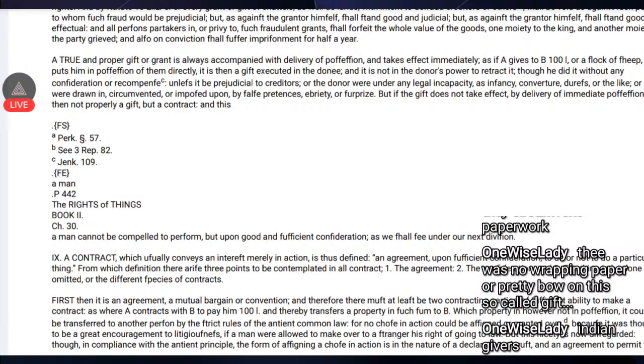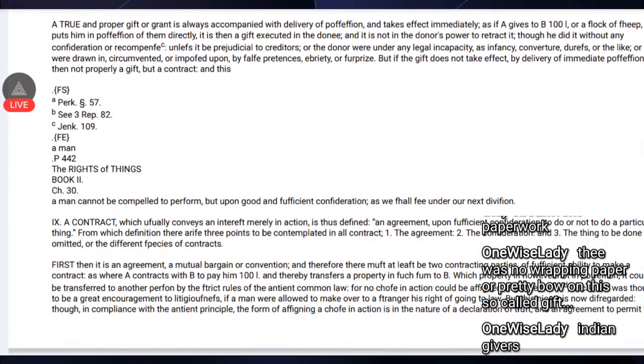It is then a gift executed in the donee, and it is not in the donor's power to retract it, though he did it without any consideration or recompense, unless it be prejudicial to the creditors or the donor who are under any legal incapacity, as infancy, coverture, duress, or the like, or if he were drawn in, circumvented, or imposed upon by false pretenses, ebriety, or surprise.